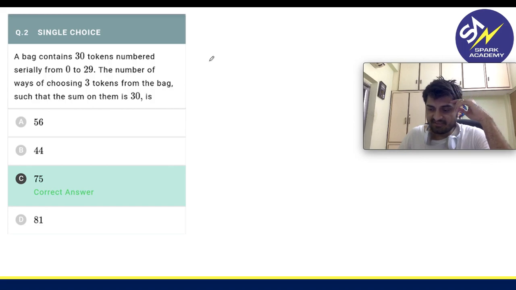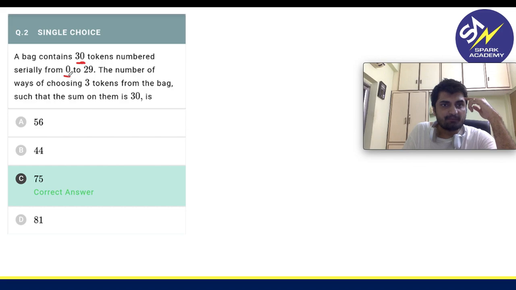Then the second question: a bag contains 30 tokens numbered from 0 to 29. The number of ways of choosing 3 tokens from the bag so that the sum is 30.